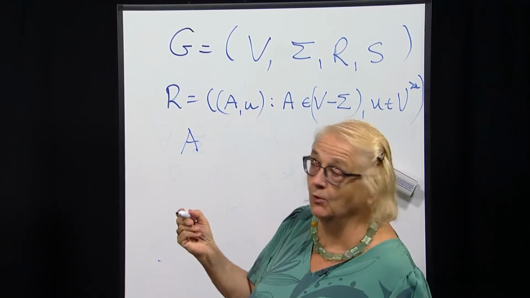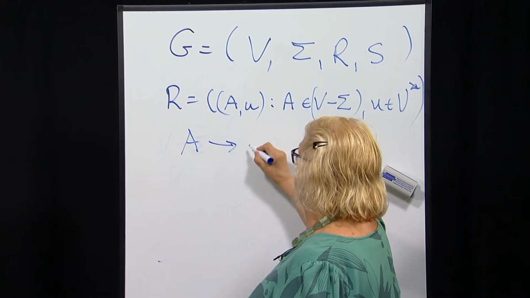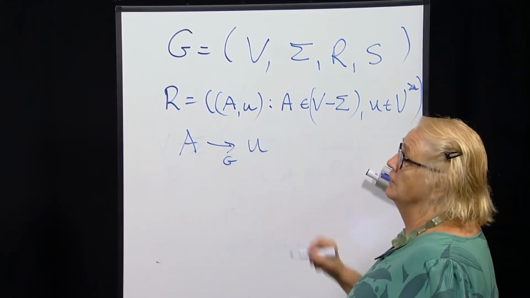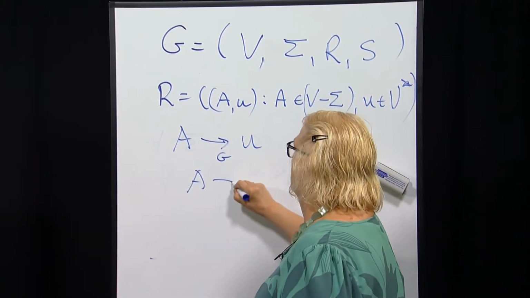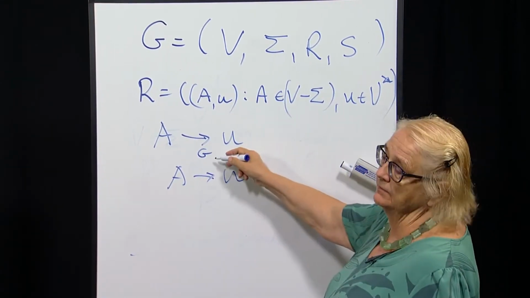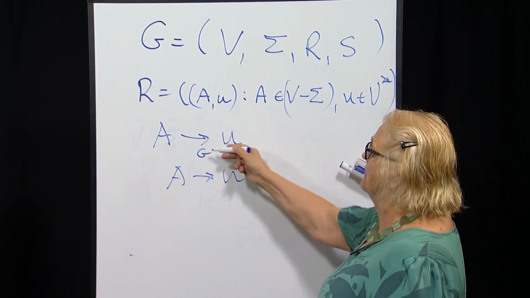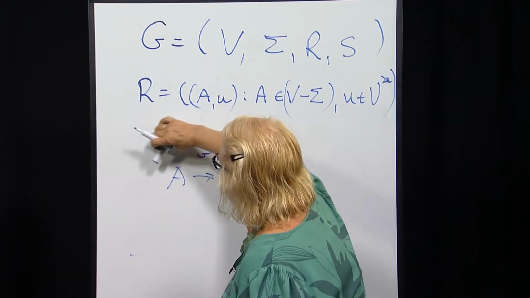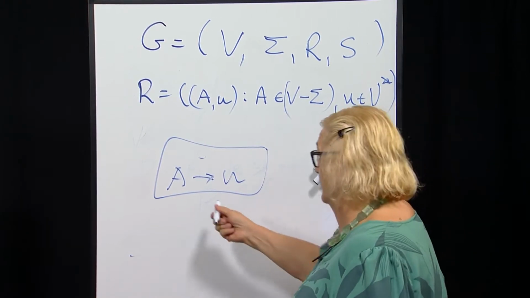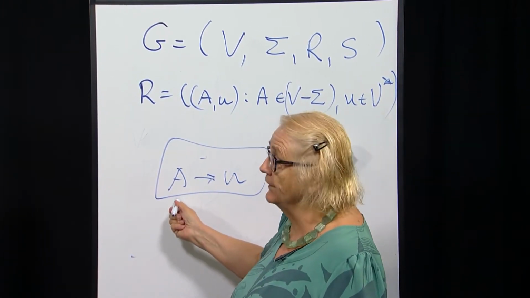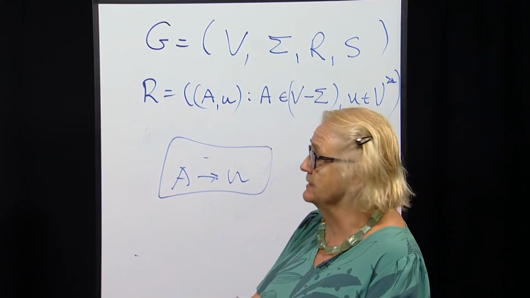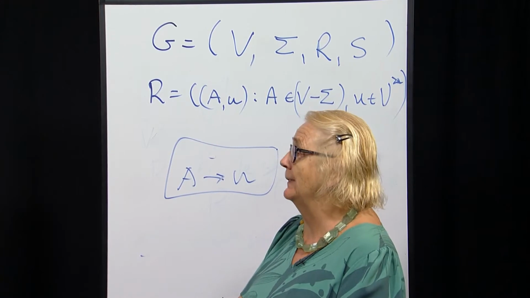Instead of writing a tuple, we write A → U for the tuple (A, U). Normally we write a rule of the grammar in that form: a capital-letter non-terminal, and here any string of our alphabet. So this is the form of writing the rules of the grammar.